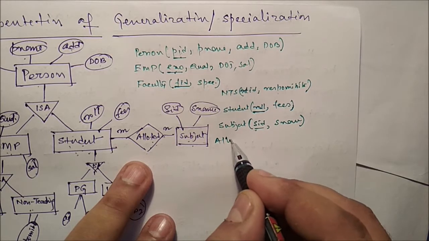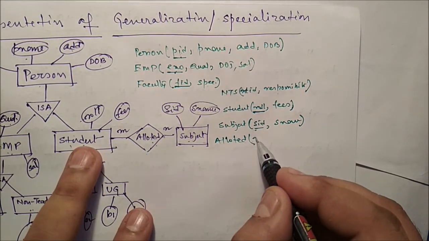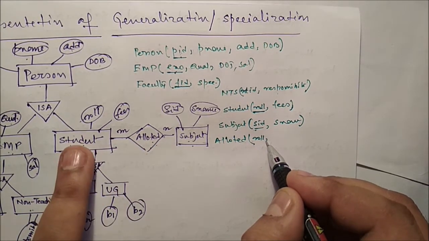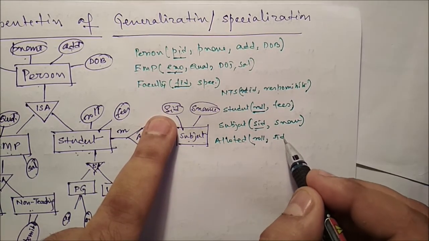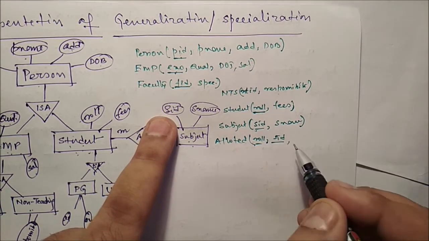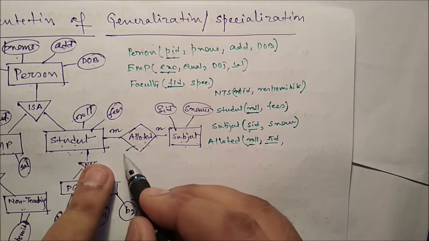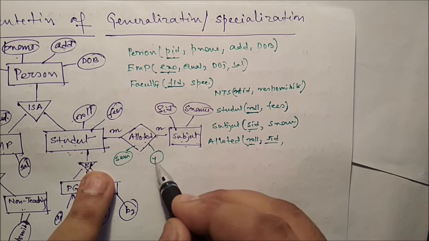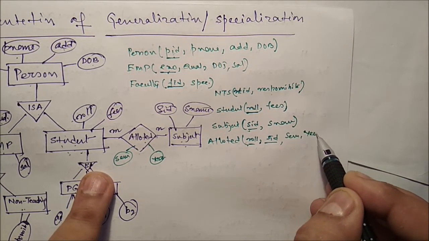We need the allotted table where the key should be roll number. We have to take the attribute from both the entity sets, roll number as well as subject ID, and together we form the key. And here we put semester and year.